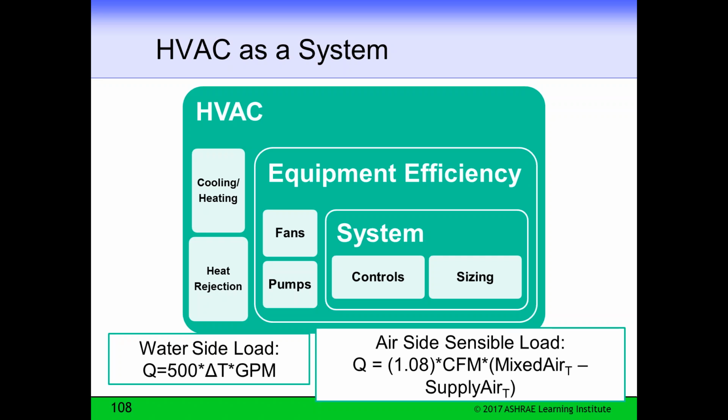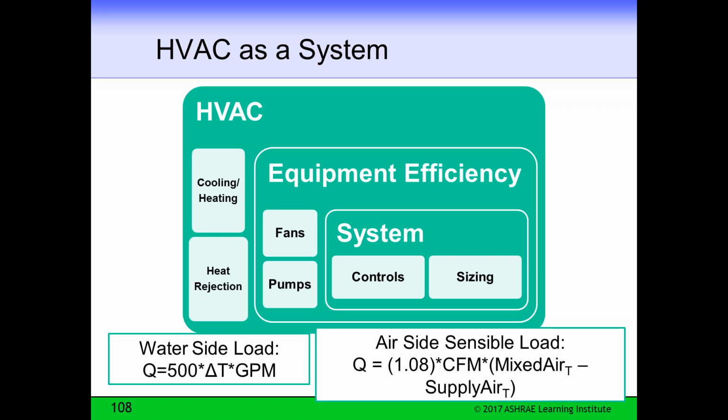If it was for heating, it would be the opposite: the supply air temperature minus the temperature that the heating thermostat was set at. But anyway, what we're trying to say is that is what the delta T is, and that's an important delta T because that's how you size CFM.